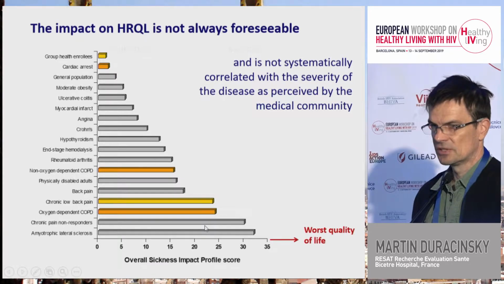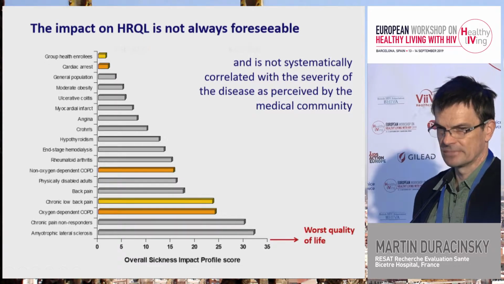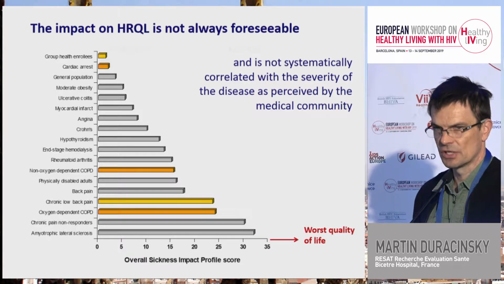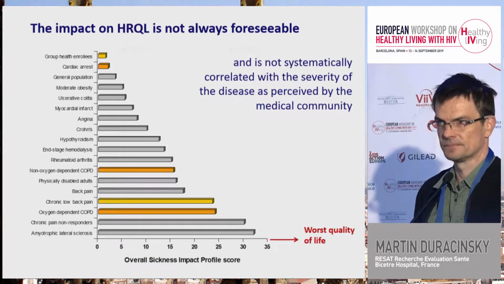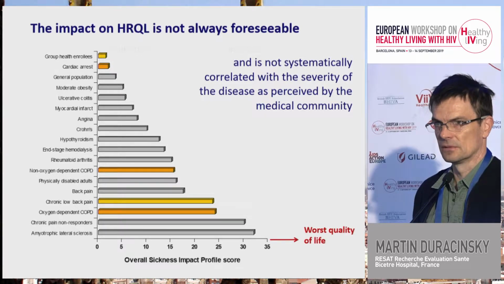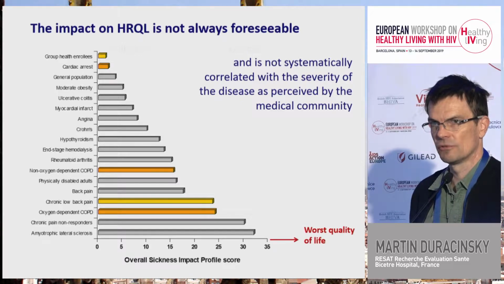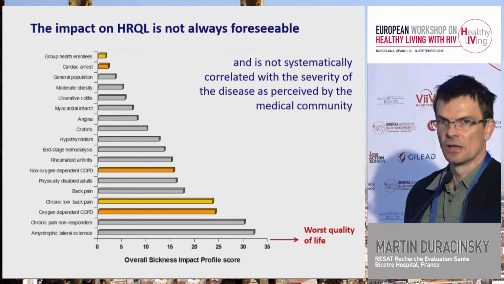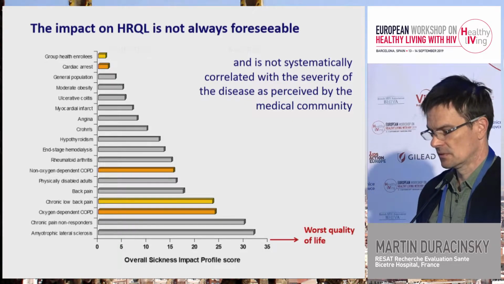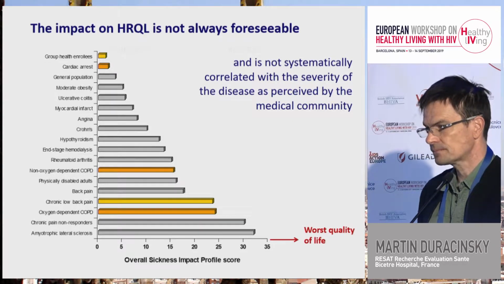This study can be criticized because it's like a literature review with one generic questionnaire, so sometimes we can miss some disease-specific problems. However, you can see that you have to measure quality of life the best way you can, and you have to give as much methodological rigor as to other endpoints that you do.